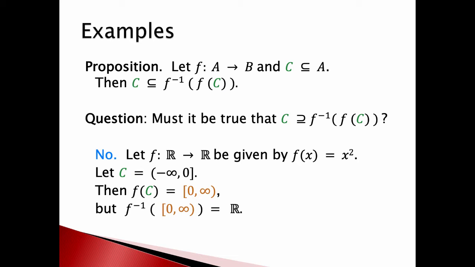So this is how you run into trouble trying to find inverses. The problem we're running into is that f is not one to one. So when we look at the pre-image of a set, we get more than we started with. The pre-image of the positive numbers, including 0, is all of R.